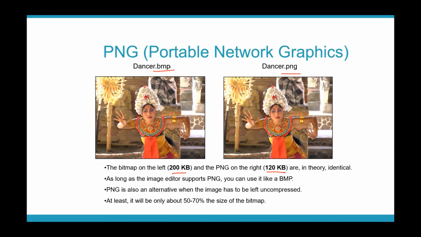So this BMP image is uncompressed and has a size of 200 KB, whereas this PNG image is compressed and has a size of 120 KB, but you cannot make out much difference between these two images, right? So you can use PNG as an alternative to BMP if you want to reduce the storage size of your file.